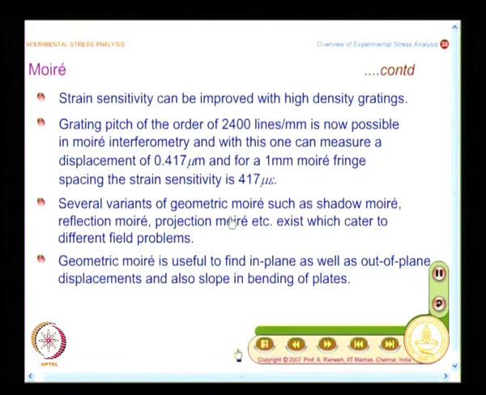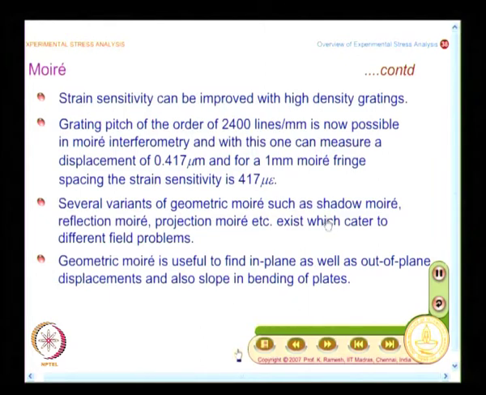And I said that once you take any technique, several variants exist. So, in geometric Moiré you have shadow Moiré, reflection Moiré, and projection Moiré, which cater to different field problems. Geometric Moiré is useful for in plane as well as out of plane displacement, and also slope in bending of plates.